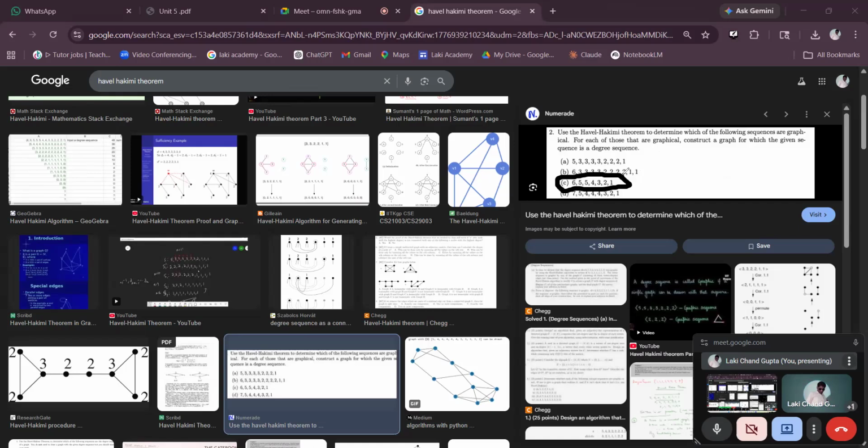So according to you, the graph will exist, right? Sir, first count the number of vertices. 7, right?